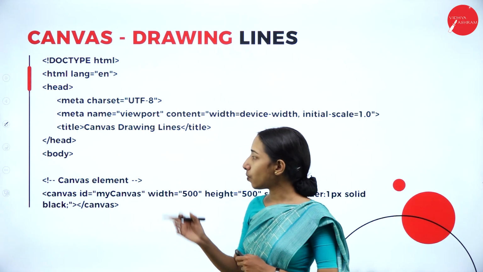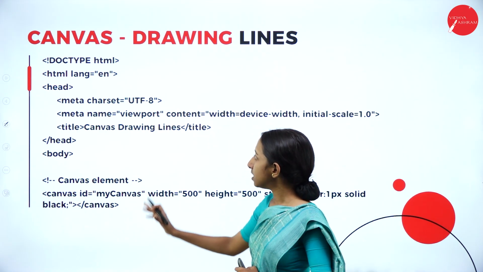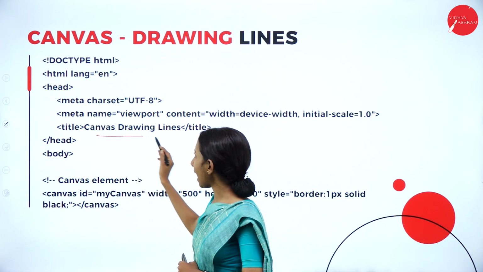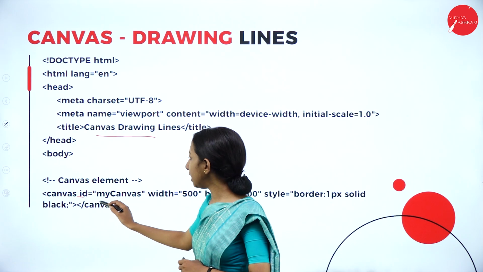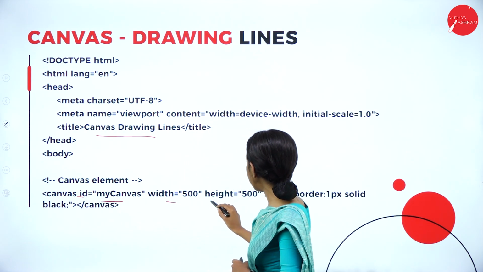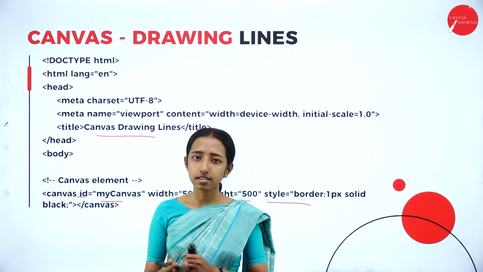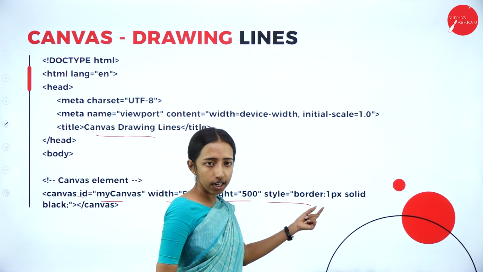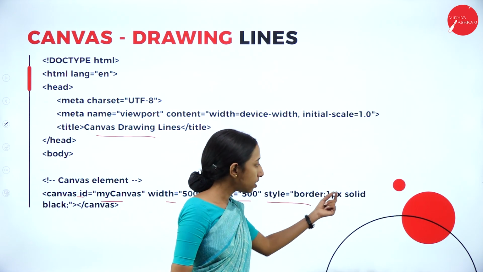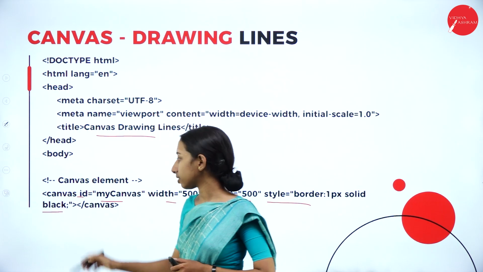So next we have an example of how we can draw a line. Again the same thing, the title we have given is canvas drawing line, and the canvas has the ID myCanvas, width 500, height 500, and I have used inline CSS styling: border 1px solid black.